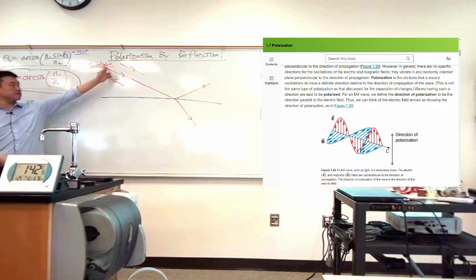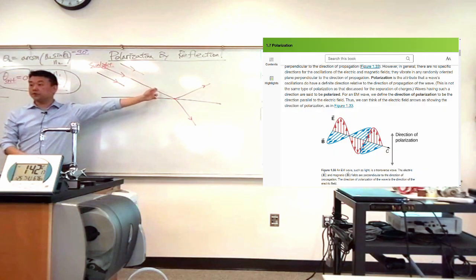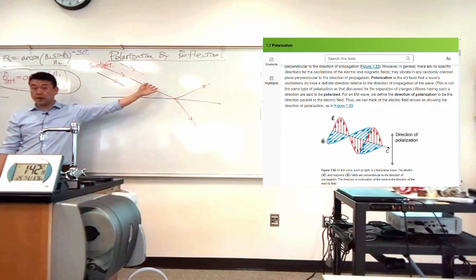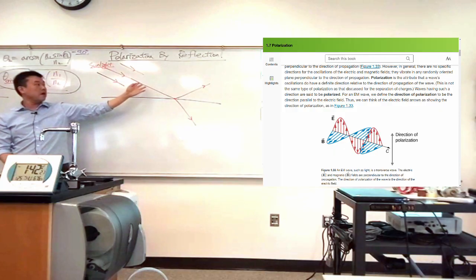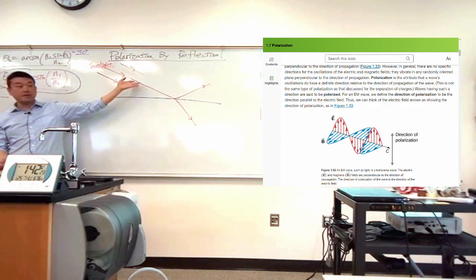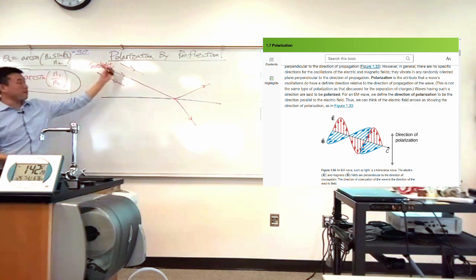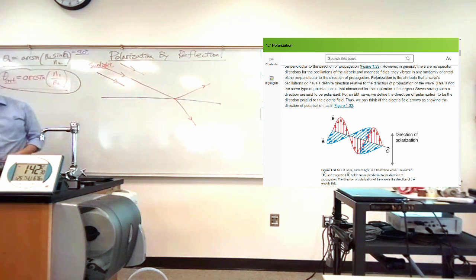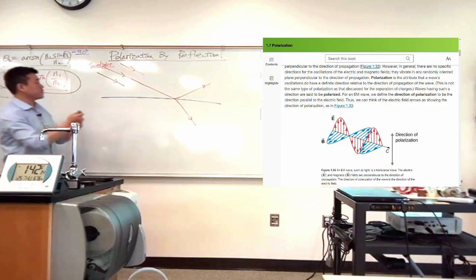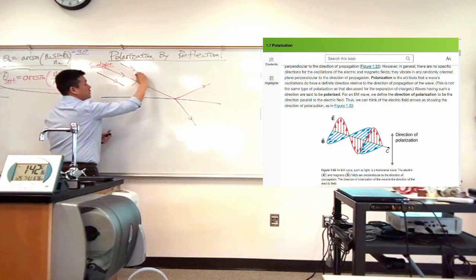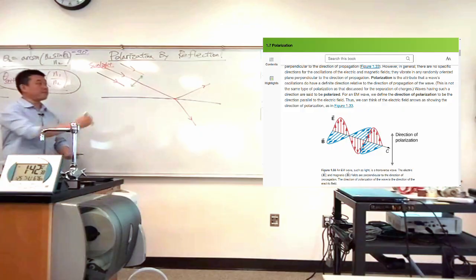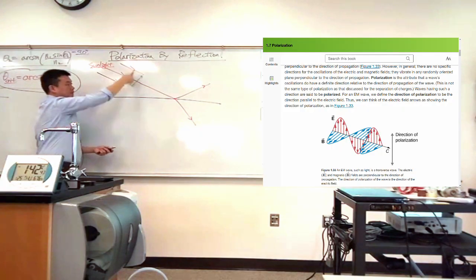So within this ray of light, if you look at the oscillating electromagnetic wave, you will get the electric field oscillating in the two possible directions that are both perpendicular to this. One possible direction would be oscillating this way, sort of up and down.